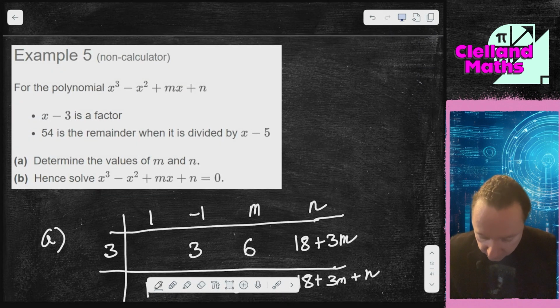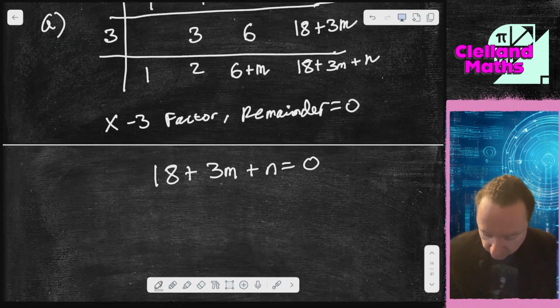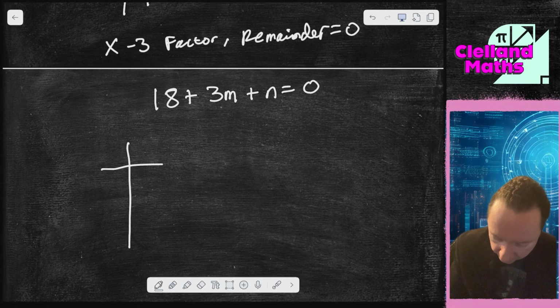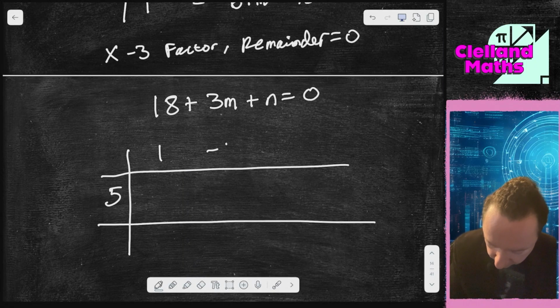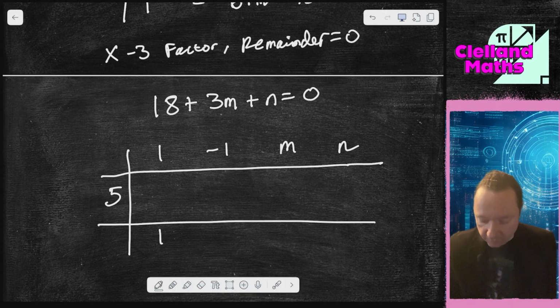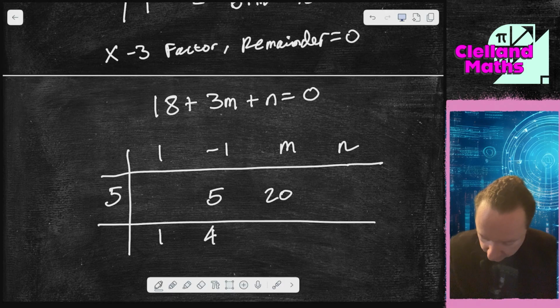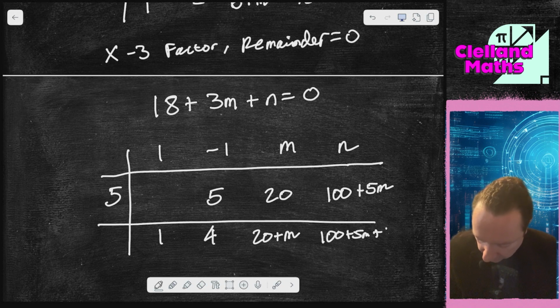Well, let's check the other statement. x minus 5 gives 54. So if I sub in 5, 1, minus 1, m and n, you get 1. 1 5 is 5. 5 minus 1 is 4. 4 5s is 20. 20 plus m. 5 times 20 is 100. 5 times m is 5m. 100 plus 5m plus n.